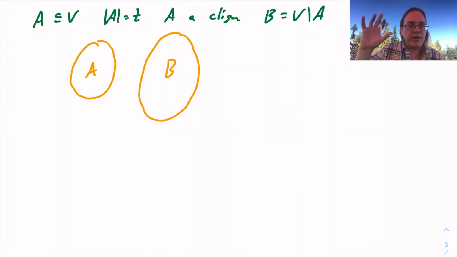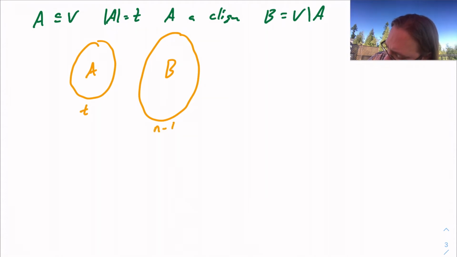There are edges with both ends in A, there are edges between A and B, and then there are edges with both ends in B, right? We're trying to find an upper bound on our number of edges, so we're going to find bounds for those three kinds of edges. I'll remind you that we've got t vertices here, and all the rest are in B, so there are n minus t over here in B. And here's where you're seeing me wanting to assume that I have a clique of size t in the graph.